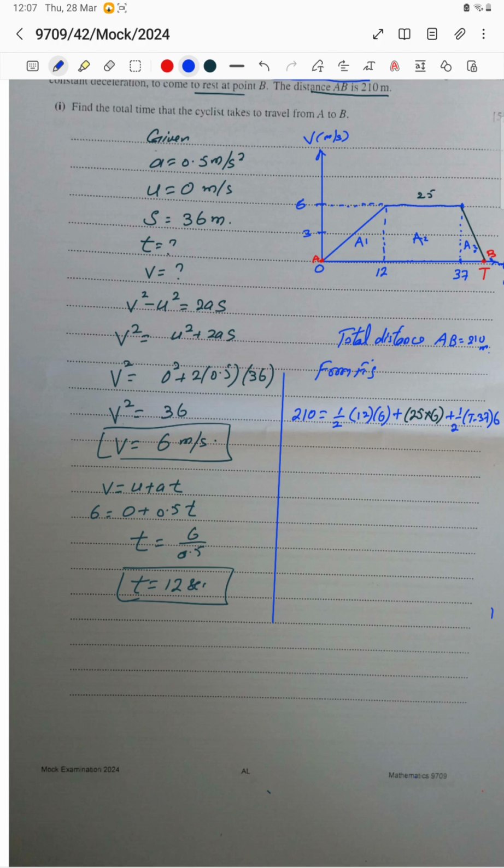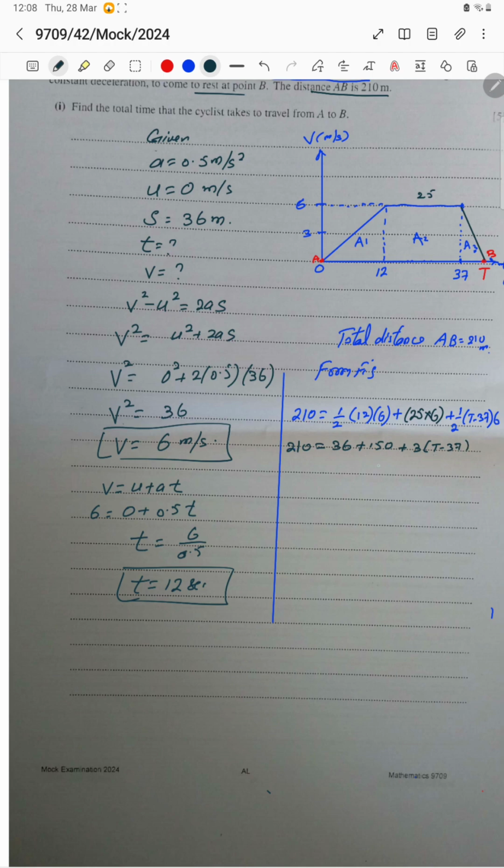Now we will solve this. It will be 210 is equal to 36 plus 25 times 6, which is 150, plus half times 6, which is 3, into t minus 37.